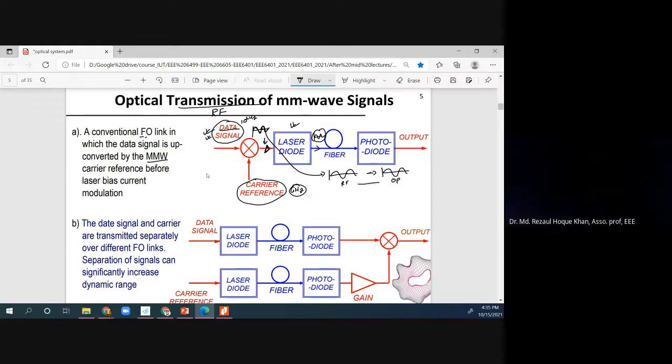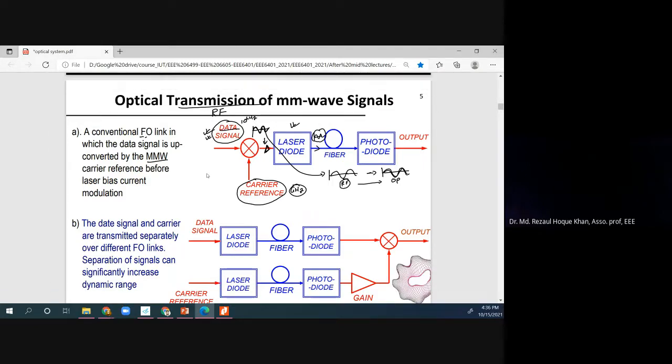This is the general idea. But whenever you fluctuate the input current of this laser, it will not follow nicely, because we have seen there is a threshold current required for a laser, right? If it is above or below that threshold, then the light will not be generated properly.